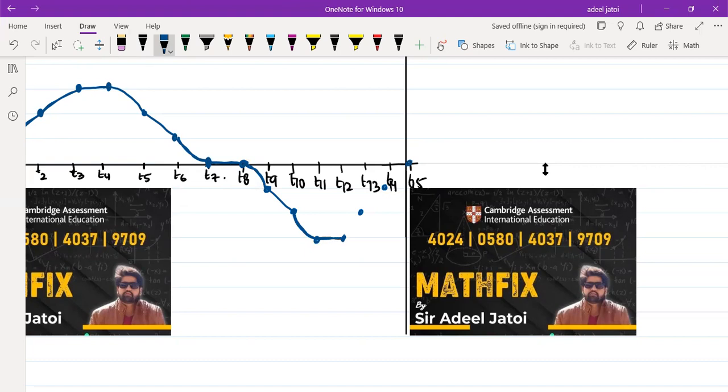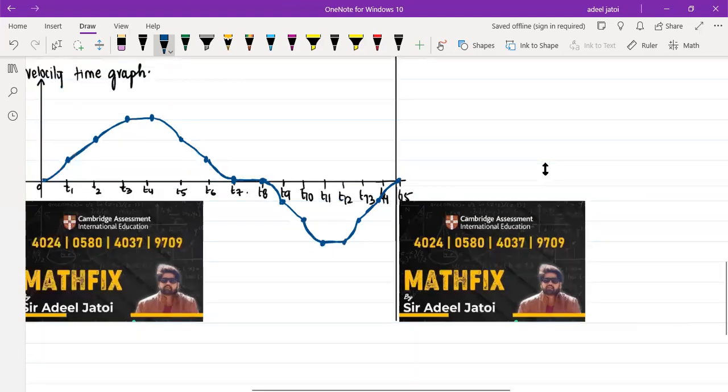T11 to T12, uniform, acceleration will be 0. Similarly, from T12 to T13, we'll have increasing deceleration. Then uniform deceleration in negative direction. And then decreasing deceleration, and so this will be represented by the velocity-time graph.